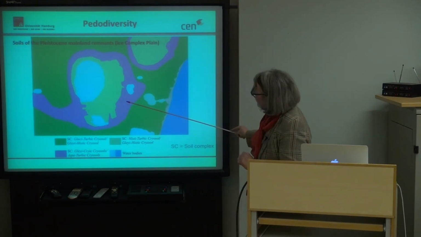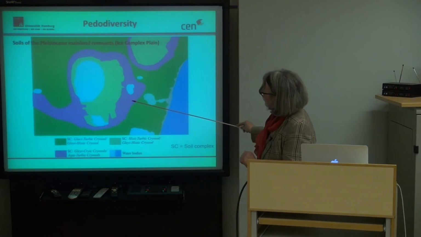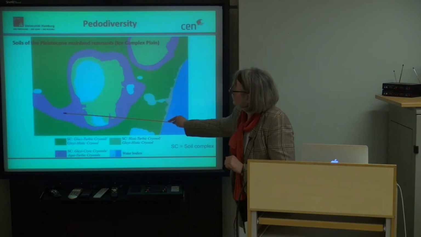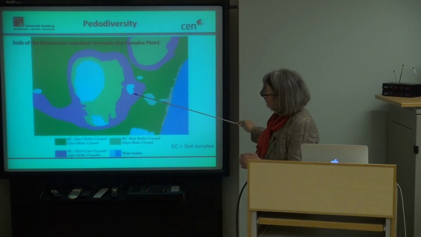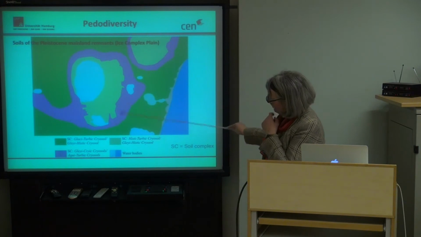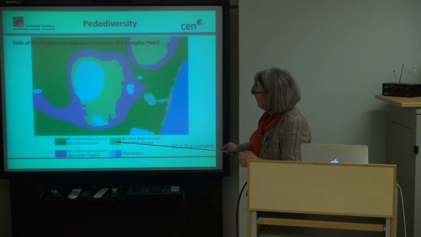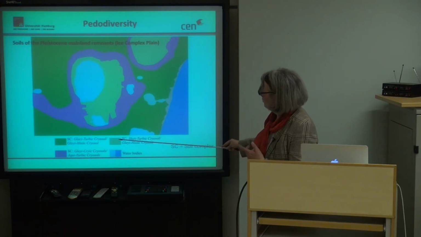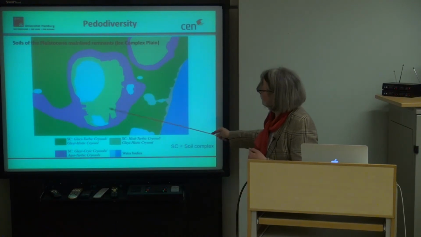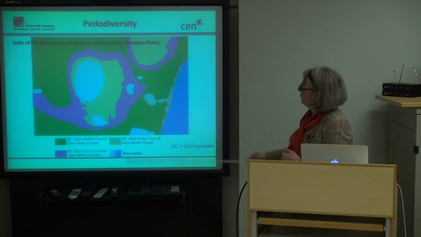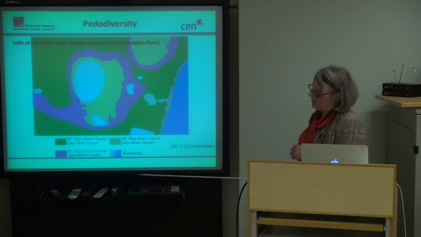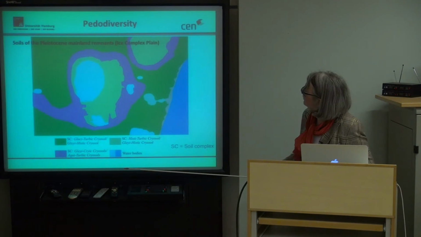Then we investigated the so-called slope, which is the area distribution here in this pinkish color, and then this color from the depression, from the Alas depression. We also had different very wet organic peat-dominated soils.